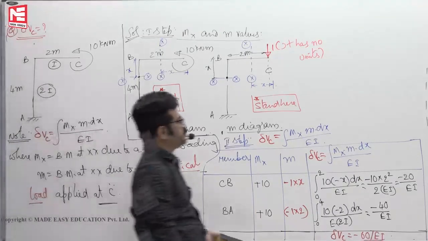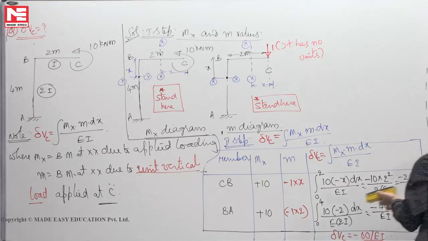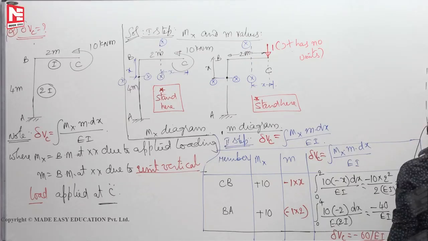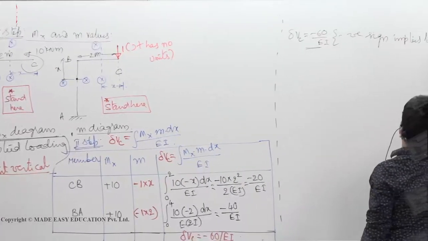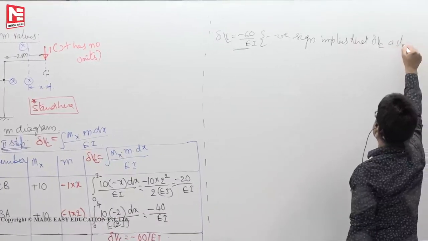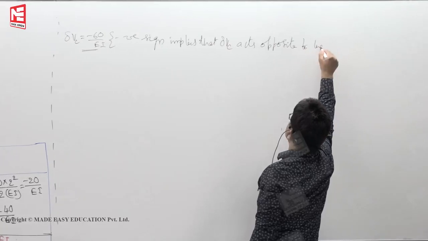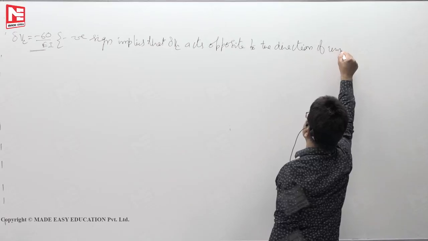Now when you come to this one, this I remove. Now delta vertical displacement of C is equal to minus 60 by EI. This is the answer. In this case, negative sign implies that delta Vc acts opposite to the direction of unit load.